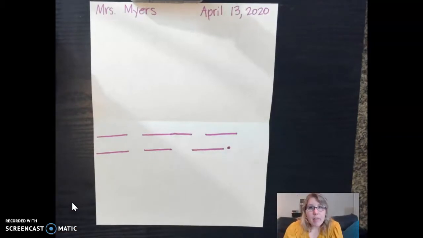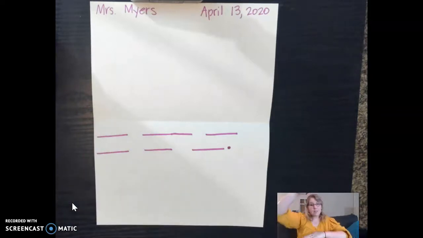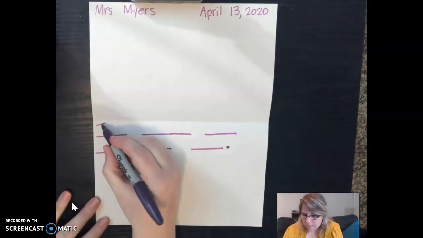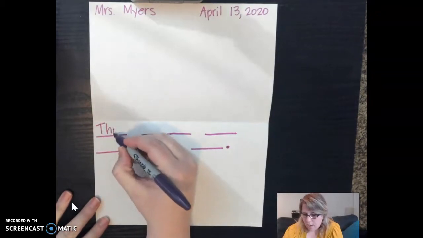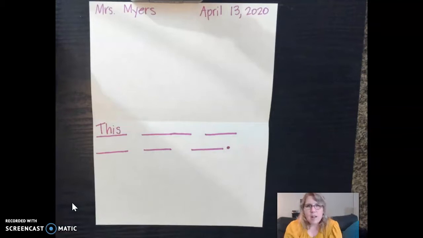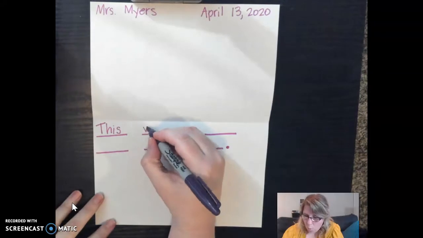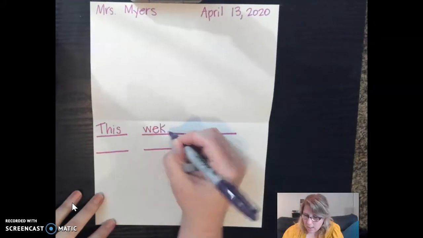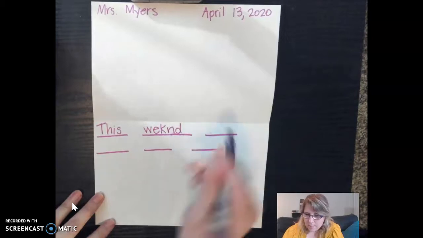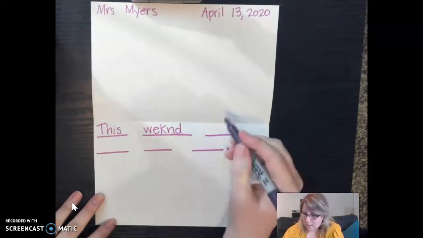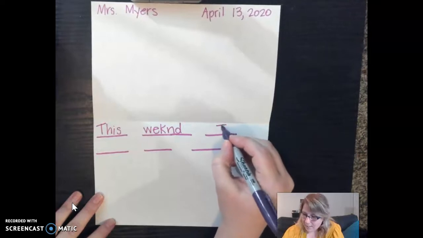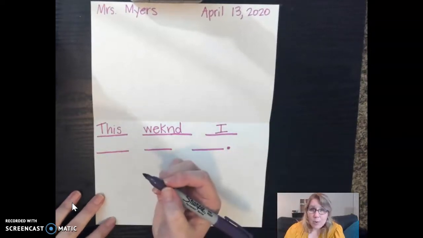Now the first word was this. That's a sight word, so we know how to spell this. And we start every sentence with a capital. So we have capital T, H, I, S. Now the word weekend, I'm going to stretch out and I'm going to write all the sounds that I hear. Weekend. This weekend, we know the word I. We know the word was, sight word.